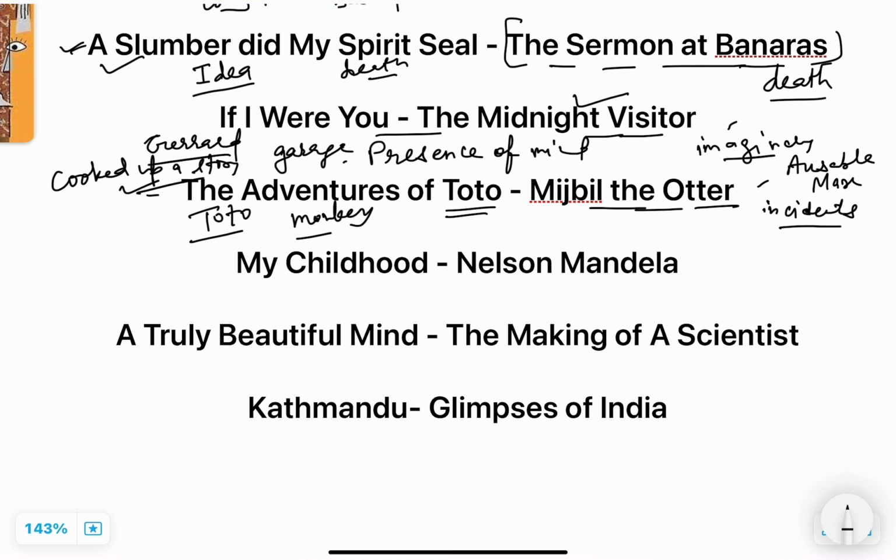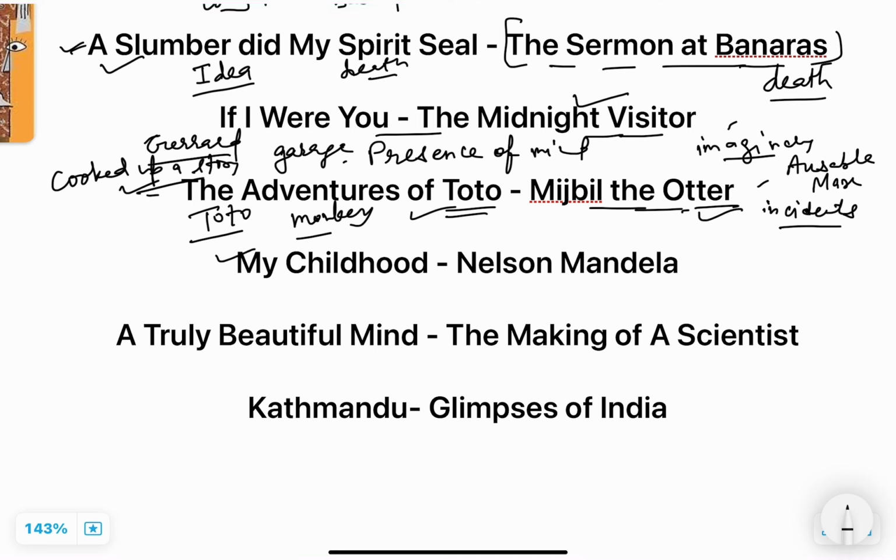How did the otter look, where did the author get this otter, and what different incidents were related to it. When we read this chapter, we can easily correlate it with The Adventures of Toto.